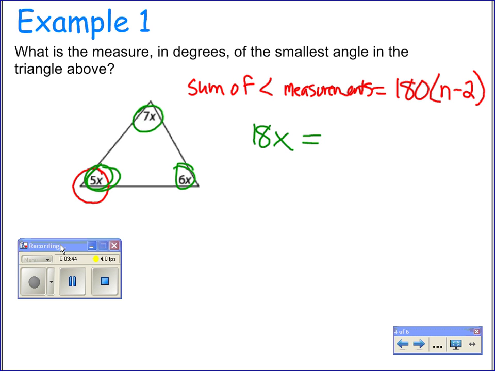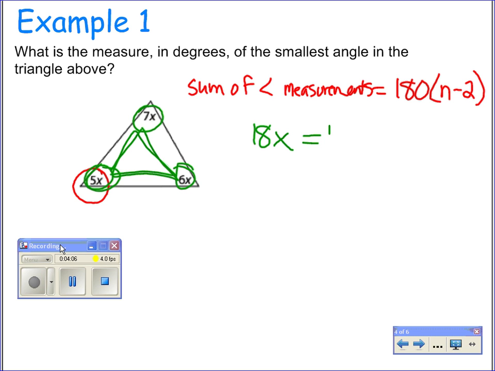You should remember from algebra and pre-algebra, when you add, you can only add like terms. These are all like terms, so you can add them together. Don't add the x's, you just leave the x alone. That's just for multiplying that you would put an exponent there. So the sum of the interior angle measurements is equal to 18x.